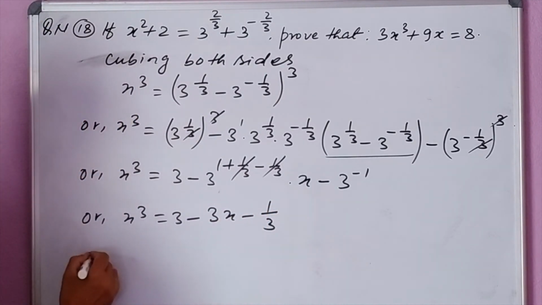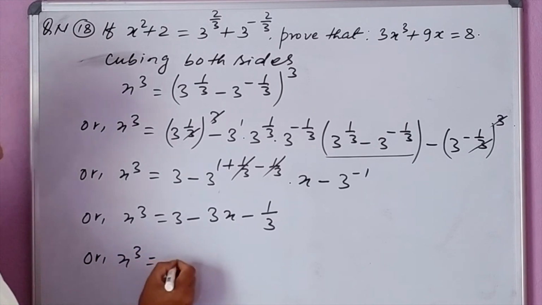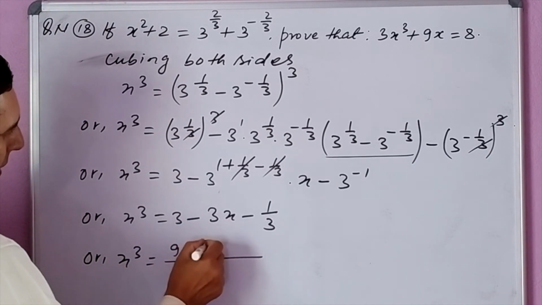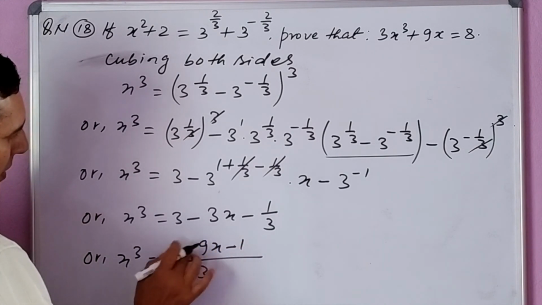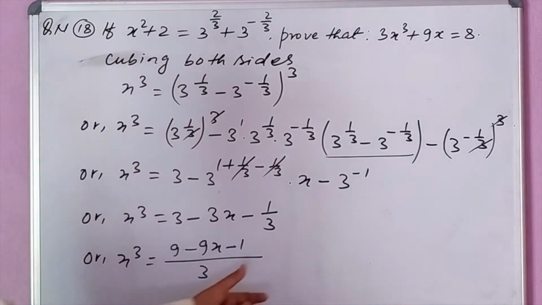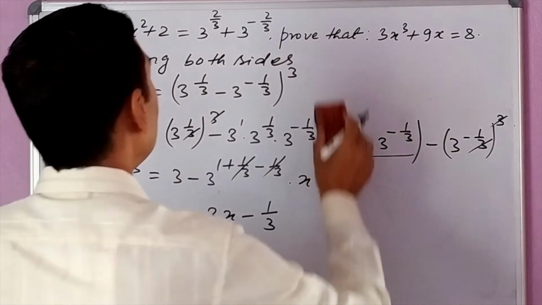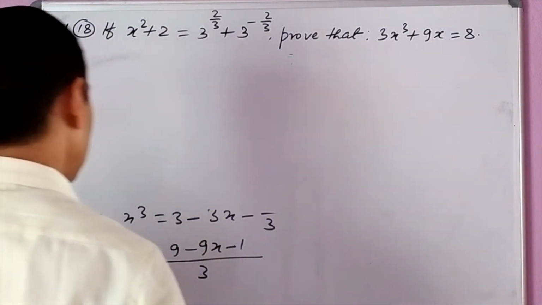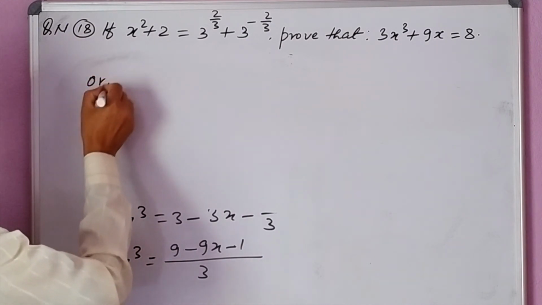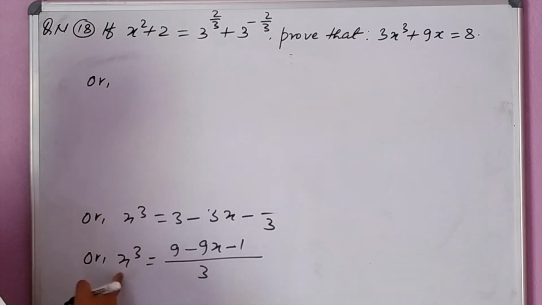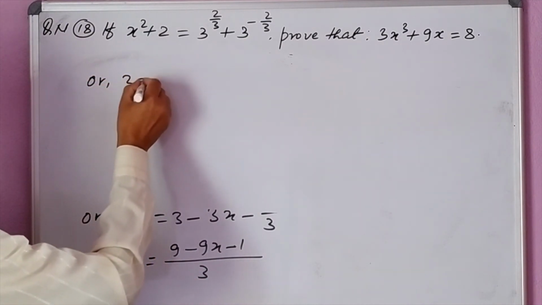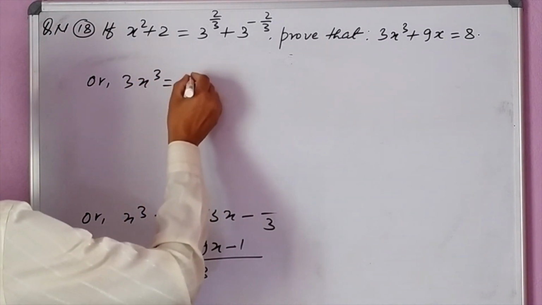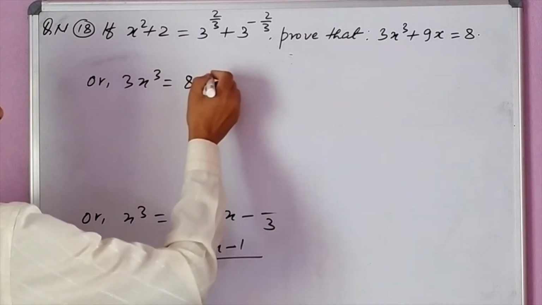Now we take the LCM. 3 LCM, so 3, 9 minus 3, 9x minus 1. I have taken the LCM on the right hand side. 3 and this x cube multiplied together, 3x cube is equal to 8 minus 9x.